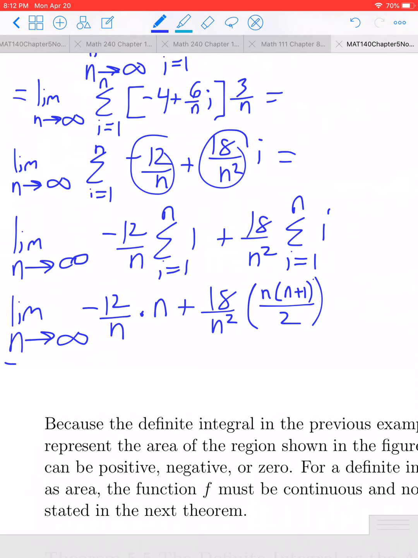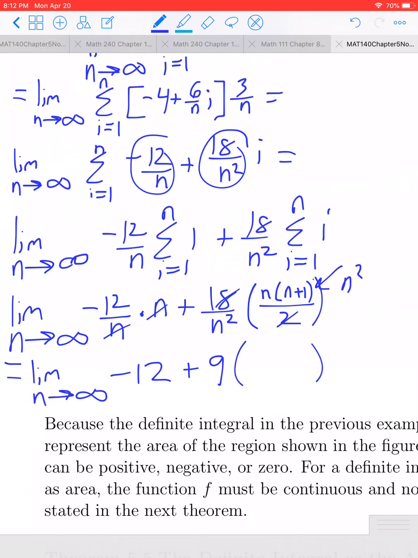We can now go ahead and simplify this. This is equal to the limit as n approaches infinity. These cancel, so we get negative 12 plus, I can take the 2 into the 18 to give 9. And then we have this term here, which is n squared plus n. That whole thing's divided by n squared, so I can break it apart. And then this is going to be 1 plus 1 over n.